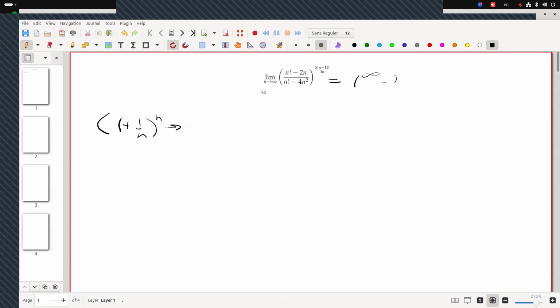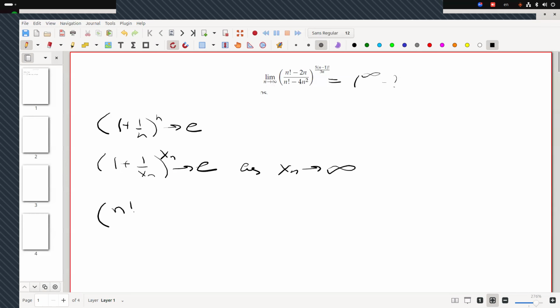So we can apply this if xn goes to infinity. Okay? Just infinity, no need even plus infinity. Just infinity is fine. Now let's create this 1 plus term.